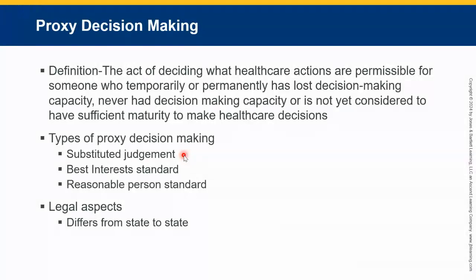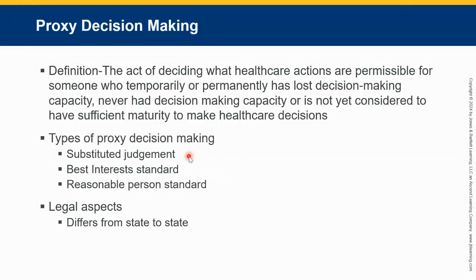So the person may have previously formulated a written directive, also known as a living will or an advance directive, or may have appointed a person who could accurately represent those wishes. For example, a mother telling their child, this is what my wishes are. A wife telling her husband, this is what my wishes are. And then that person can substitute judgment based on the fact that they do know what their wishes would have been.